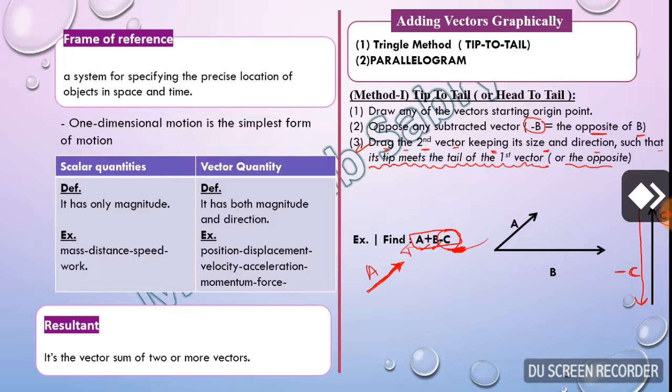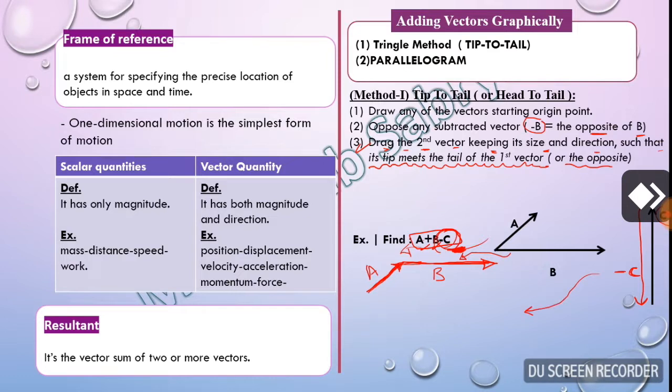So let's drag B. We'll drag B. Drag means we will keep its direction and size. This is B. So we drag B here. Now, minus C.